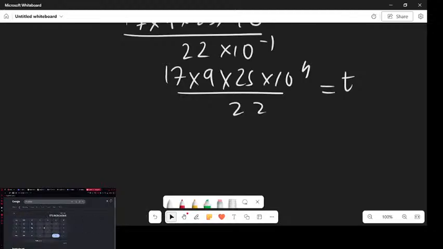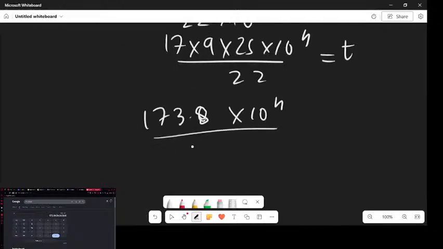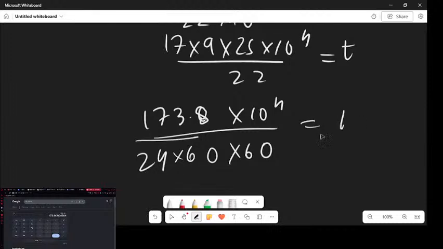Let's consider it to be 170 days. 173 point something into 10 to the power 4, divided by 60 into 60 into 24. This is in the form of seconds.